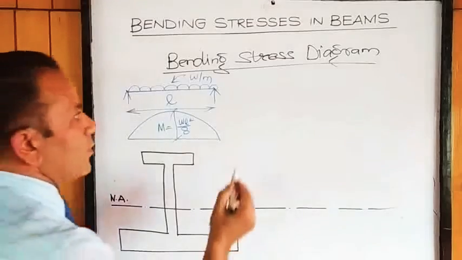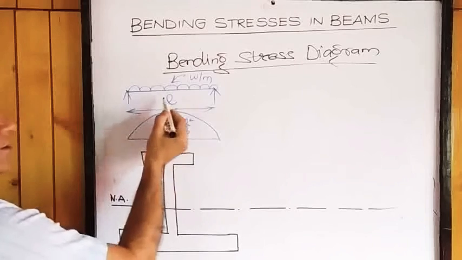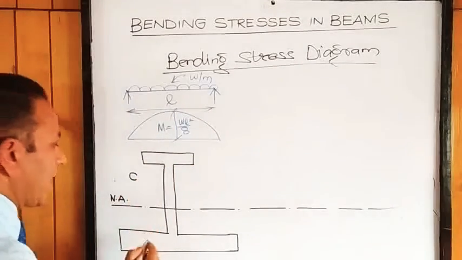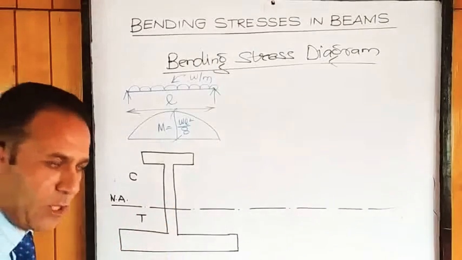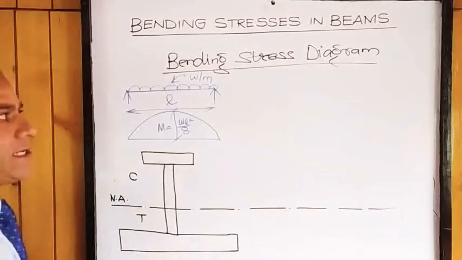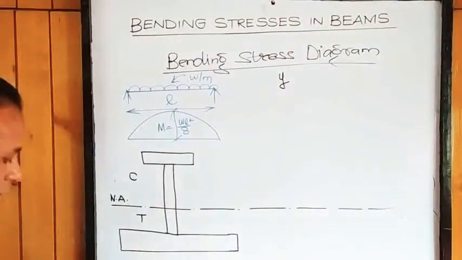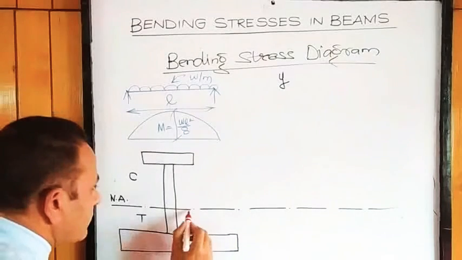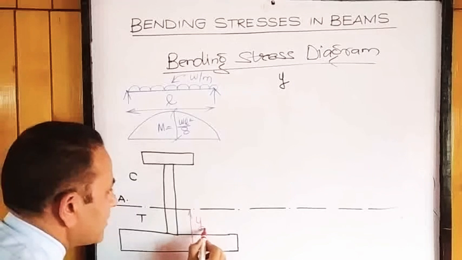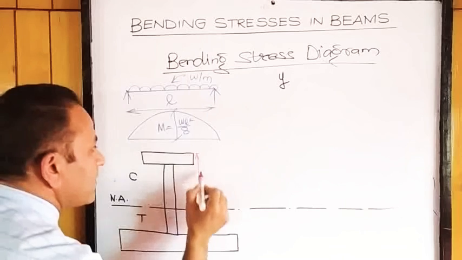So initially, since it is a simply supported beam, compression zone will be above the neutral axis, tension zone will be below the neutral axis. So we first of all calculate the CG, or what we say Y. If I calculate this Y from the bottom, this will be YT, and this will become YC.